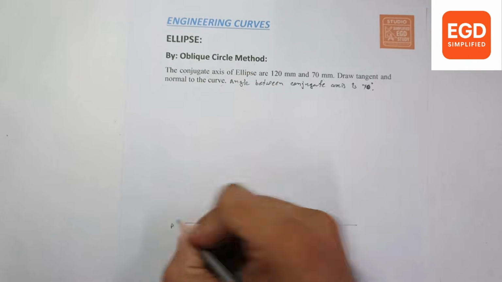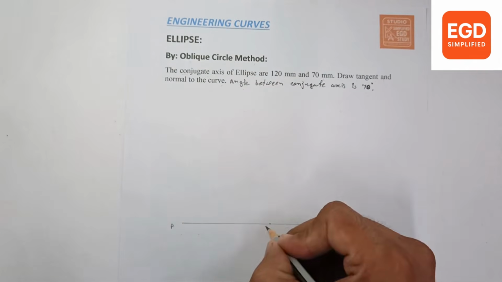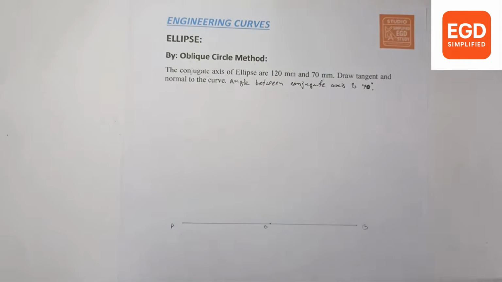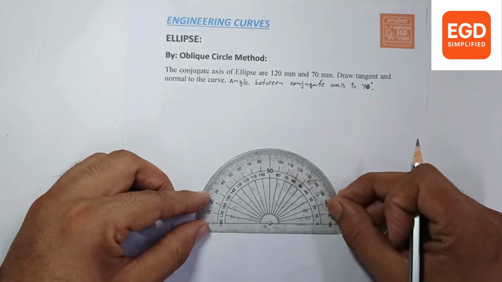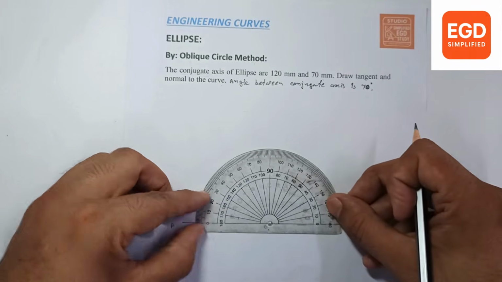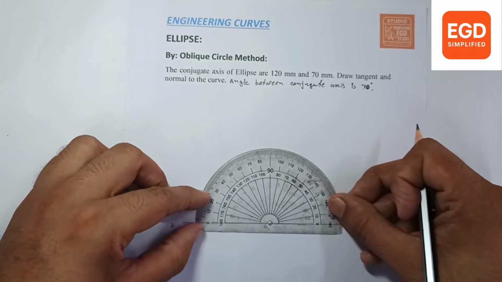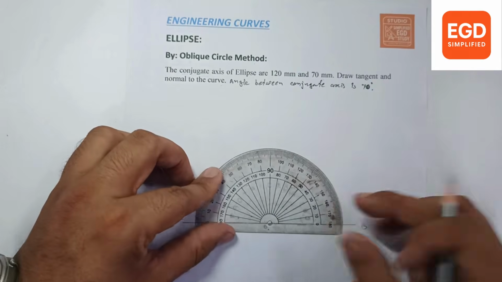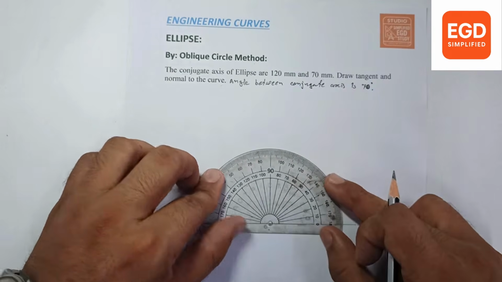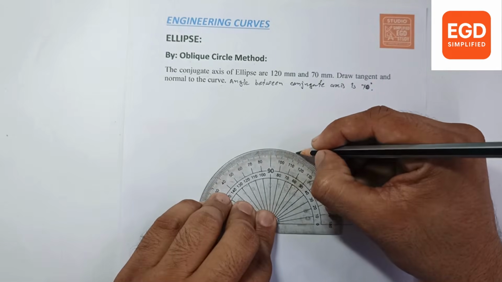Let's give the names A, B and origin O. From the O point we have to measure a 70 degree angle for the minor conjugate axis, 70 degrees from this side. Okay, so this is our 70 degrees.